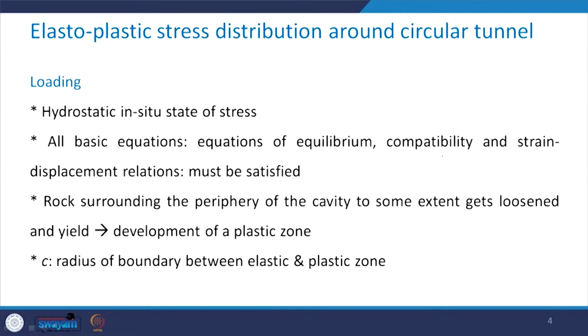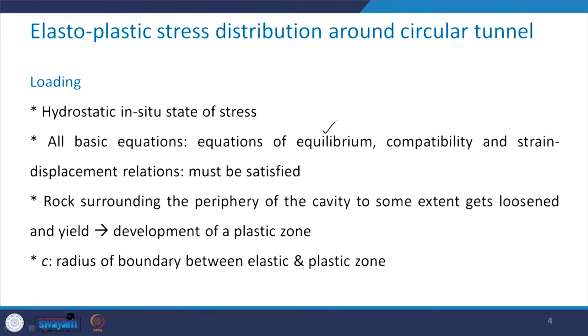Coming to the loading condition, it is assumed that there is a hydrostatic in situ state of stress. That means the vertical as well as the horizontal in situ stresses are the same. All the basic equations, such as equations of equilibrium, compatibility and strain displacement relationship, must be satisfied.